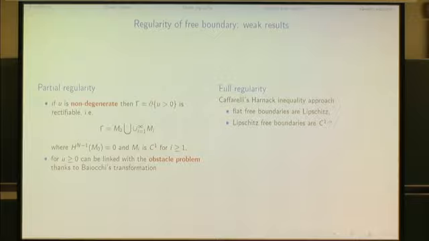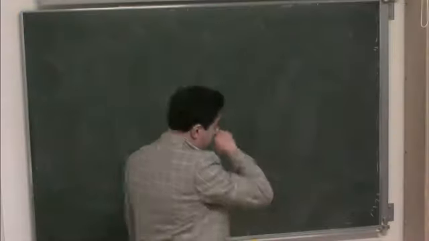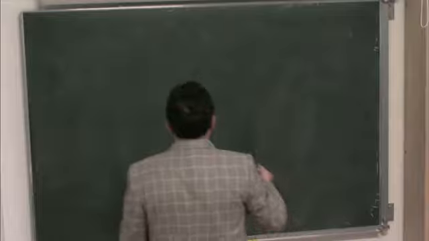statement of partial regularity, it's enough to show that your free boundary is locally a set of finite perimeter, and that can be done by some very standard covering theorem using, for instance, a Besicovitch type covering theorem.